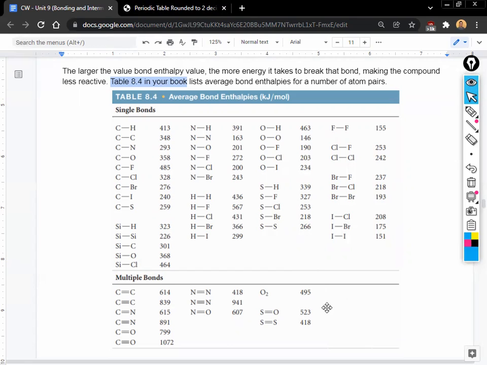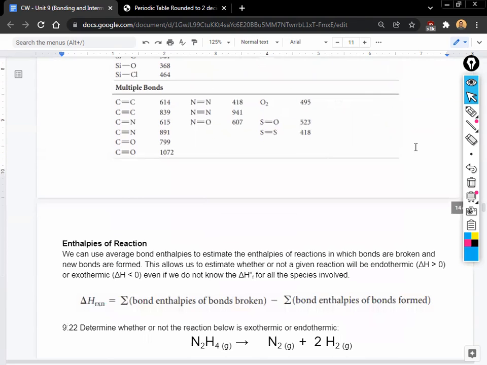If you look at the single bonds, the values are typically smaller than when there are multiple bonds. So a carbon-carbon single bond is 348, but a double bond is 614 and a triple is 839. You guys are already familiar with this. The more lines there are between those two elements, the stronger the bond. Any questions? All right.